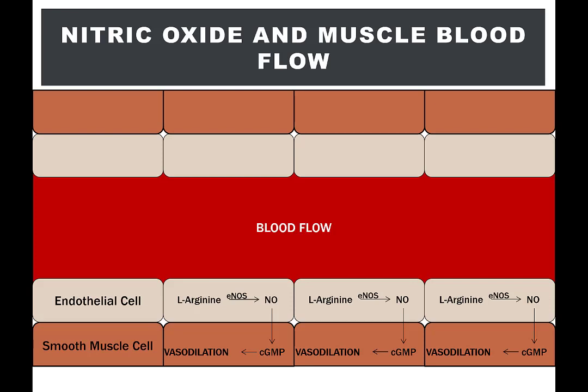Now when we exercise, we know that this vessel, like all other vessels, is under sympathetic influence, which is going to cause it to constrict. Now during exercise, our actively contracting muscles will release certain substances into the surrounding blood vessels, like this one here. Some of those substances are potent vasodilators, such as a molecule called nitric oxide, or NO for short.